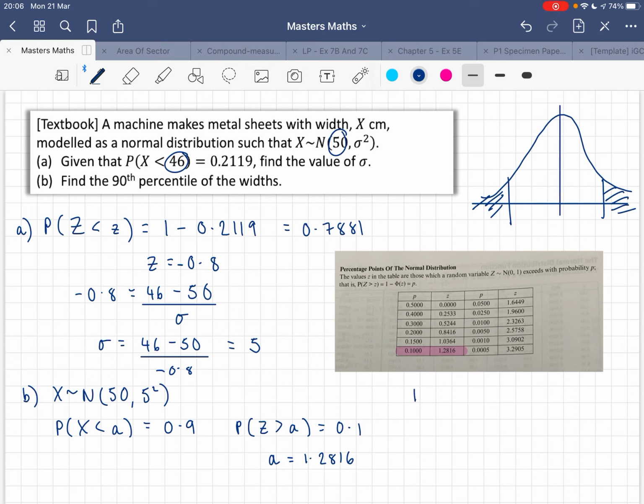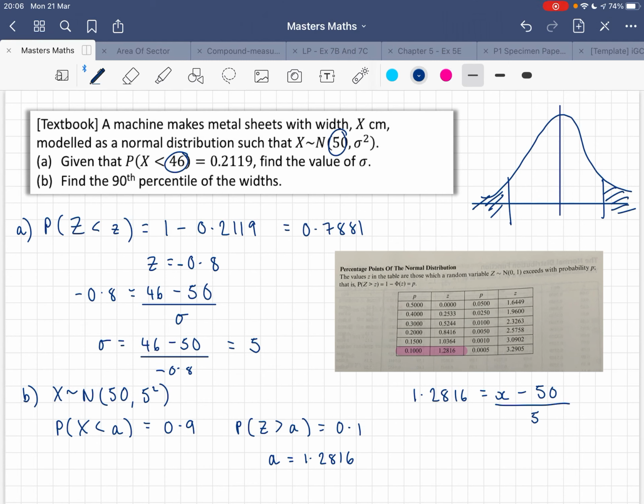So I get 1.2816 is equal to my value X minus the mean, which is 50, divided by the standard deviation, which is 5. Rearrange that: multiply by 5, 1.2816 multiplied by 5, and add the 50 across.